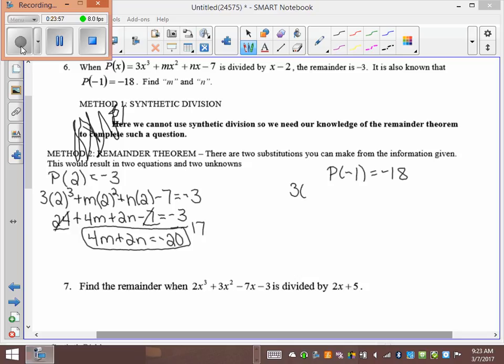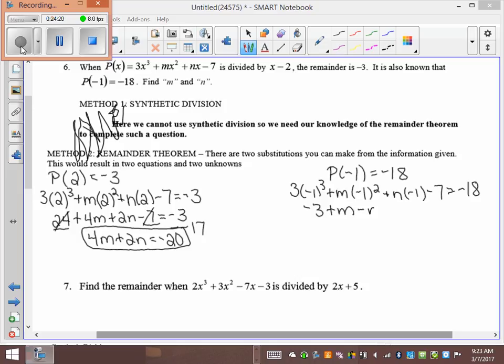So 3 times negative 1 cubed plus m times negative 1 squared plus n times negative 1 minus 7 equals negative 18. Negative 1 cubed is negative 1 times 3 is negative 3. Negative 1 squared is positive 1, so plus m.